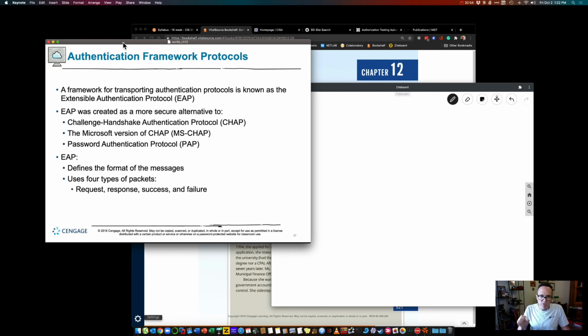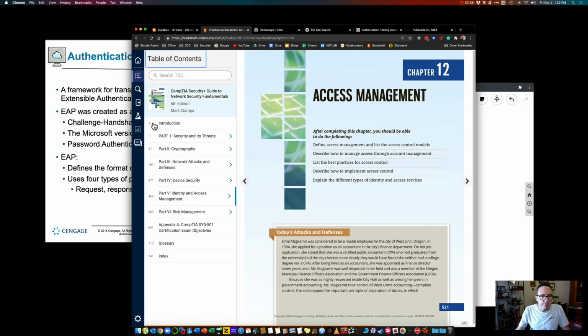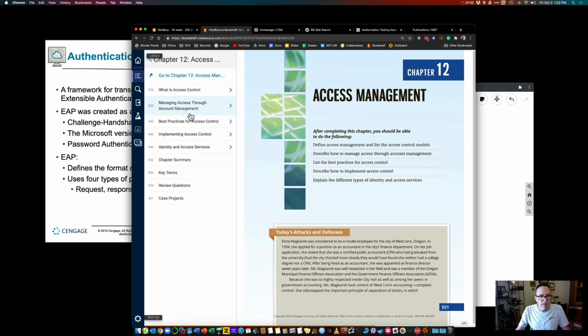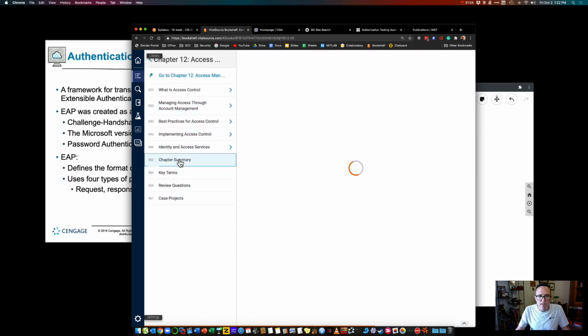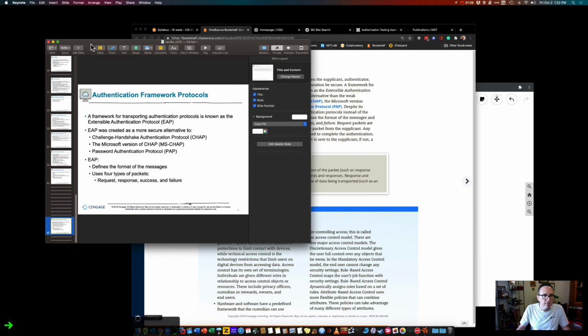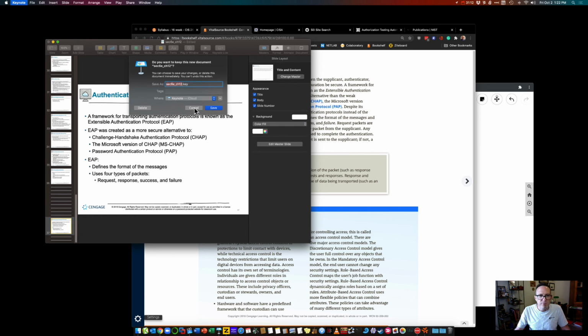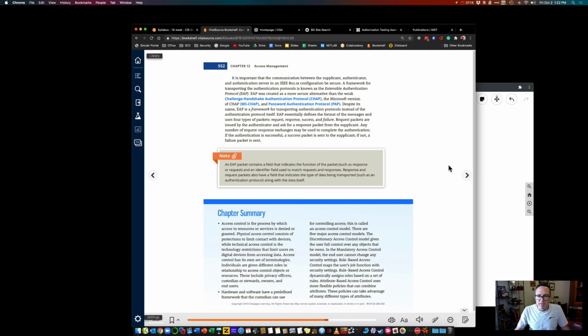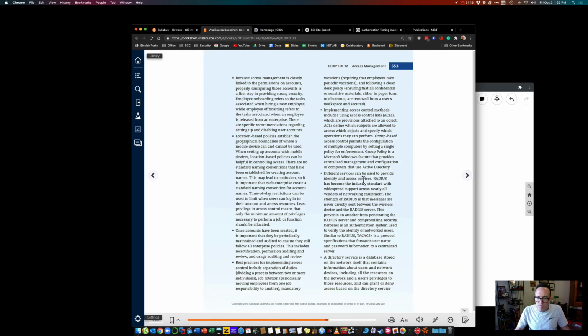Again, the chapter is going to go into how these different servers work. I don't know if I want to go into that. I'll look at the summary about those in a second here. So that's some details there on authentication. And look at the summary here. It does go into TACACS Plus and RADIUS.